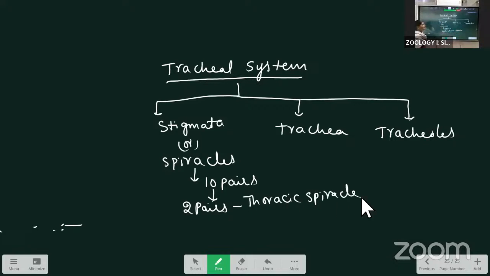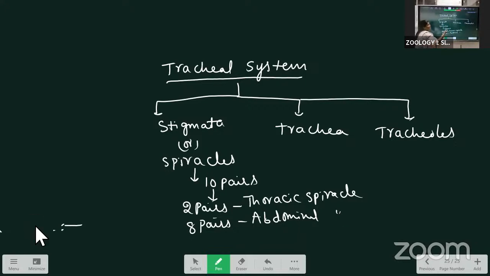The remaining 8 pairs are present in the abdominal region, and we call them abdominal spiracles.